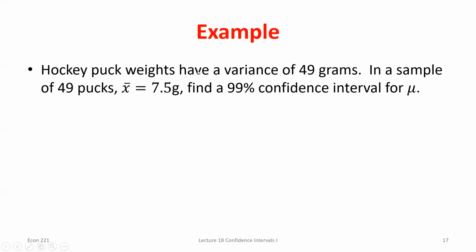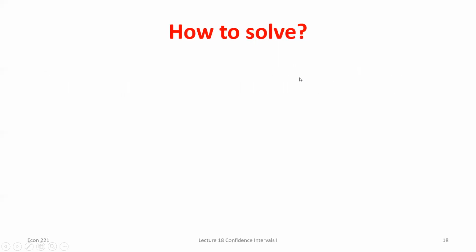Okay? And then let's assume that we only sampled 49 pucks off this assembly line, but we know that the machinery, like the way it pours whatever the material is into these molds, has a variance of 49 grams. Like we know the population variance. Okay? So first thing we do is identify these 4 pieces of information. We're given these.